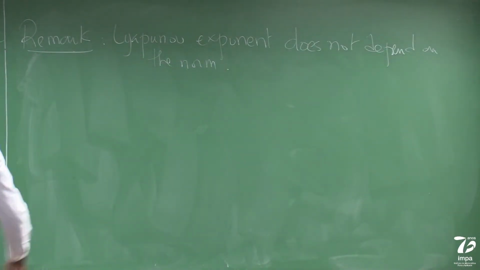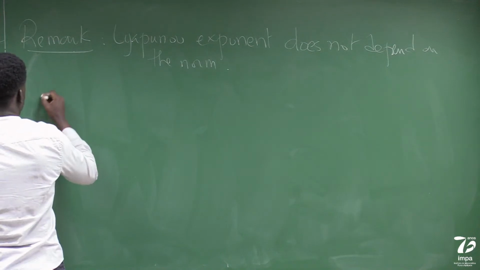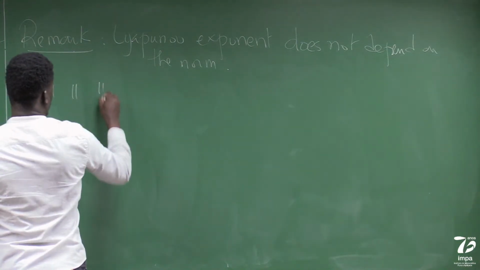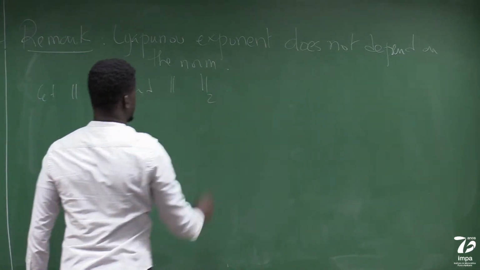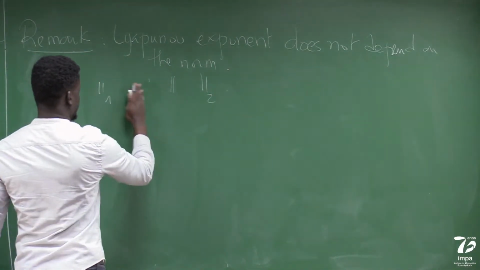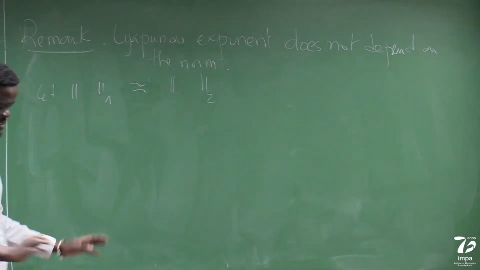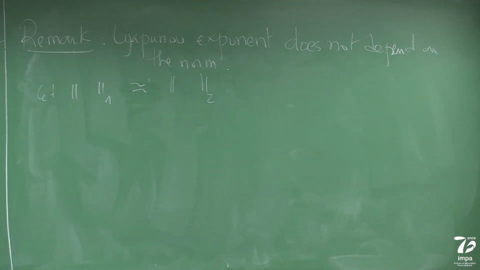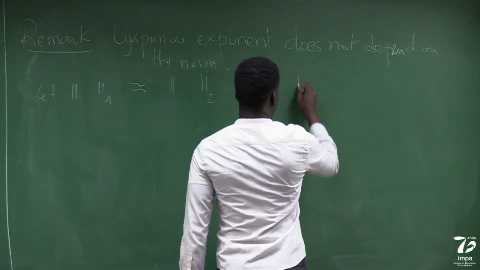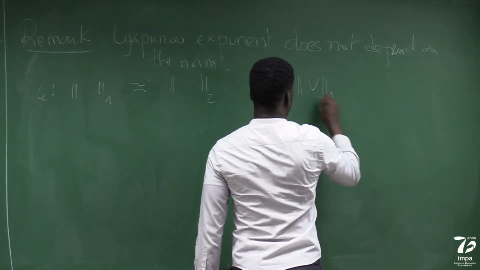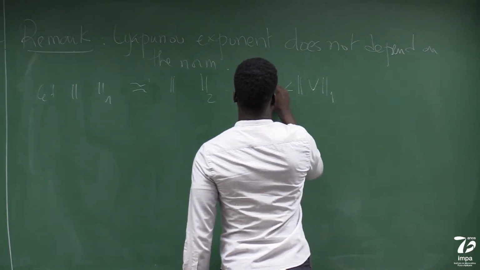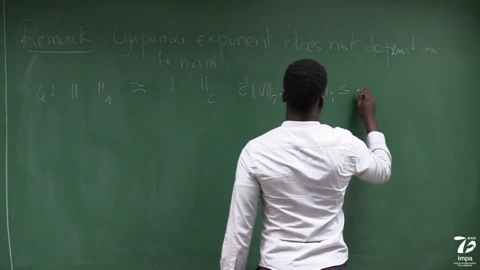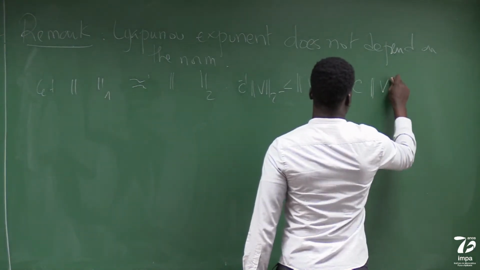Because if you have two norms that are equivalent, and we are in a finite dimensional space, so these two norms are equivalent, meaning the norm 1 of v is greater than c inverse times the norm 2 of v, which is less than c times the norm 2 of v.